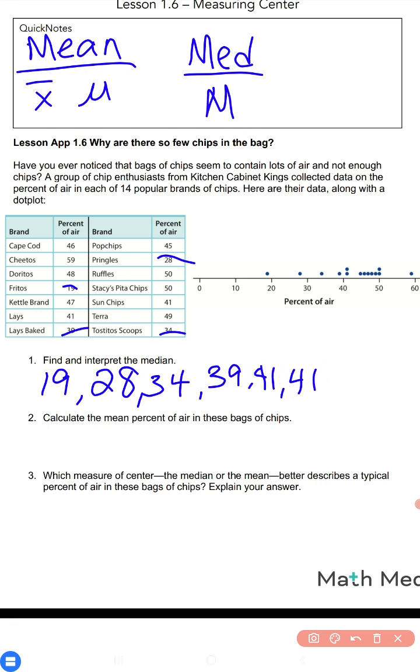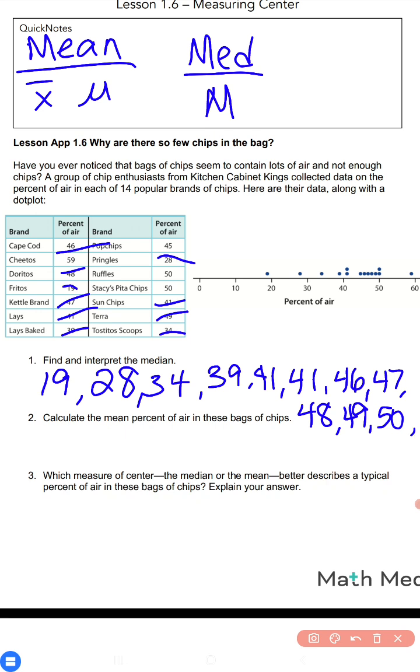So those are now marked out. And then we've got a 46, 47, 48, 49. So those are gone. Two 50s, and a 59. Okay, so here's our data.